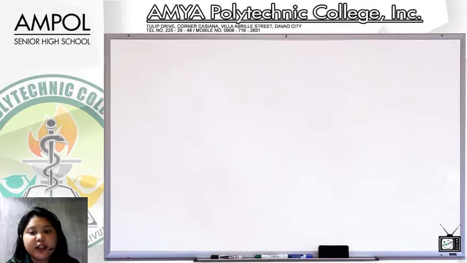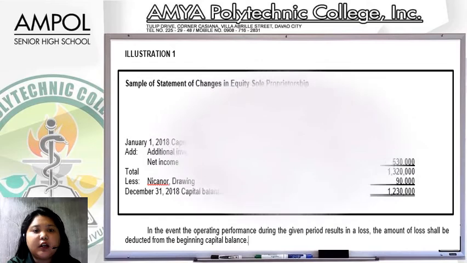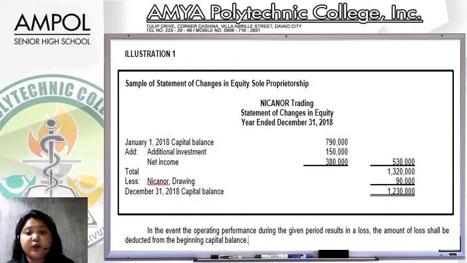We have here an example of statement of changes in equity for a sole proprietorship. We have here the Nicanor Trading statement of changes in equity, year ended December 31, 2018. As you can see, we have the capital balance, the additional investment, the net income, and then the capital balance as of December 31, 2018.